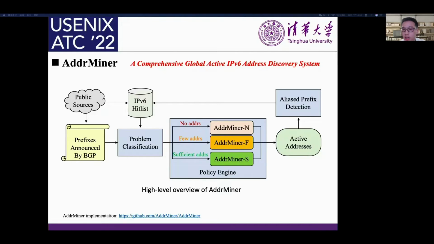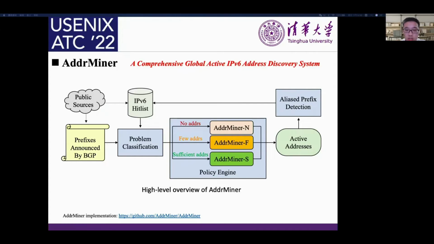It collects the seeds to make an IPv6 hitlist from public sources, and divides them into different announced prefixes. Then it classifies these announced prefixes into different scenarios based on the number of seeds each prefix space contains.